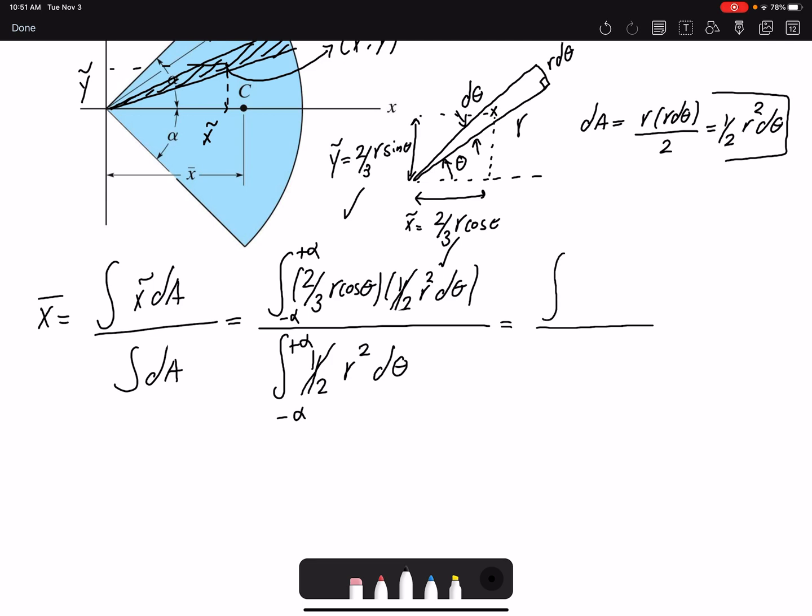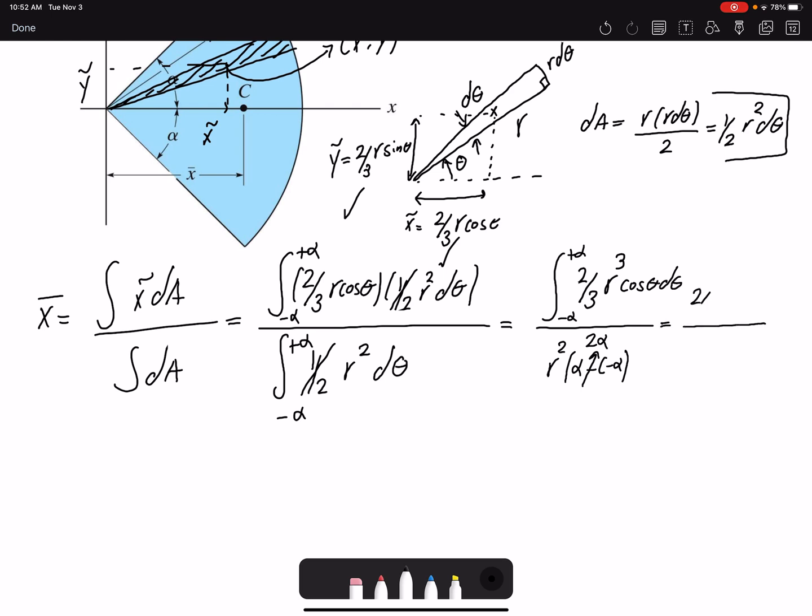Then here I have 2/3 r cubed cosine theta d theta, from negative alpha to positive alpha. And here, for r squared, the integral of d theta would be theta ranging from negative alpha to positive alpha. That would be alpha minus negative alpha, which is 2 alpha.